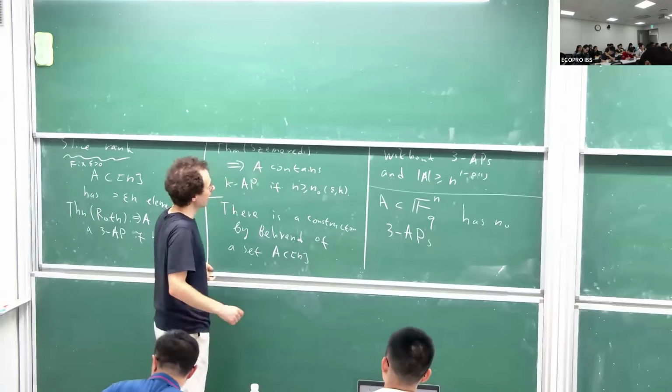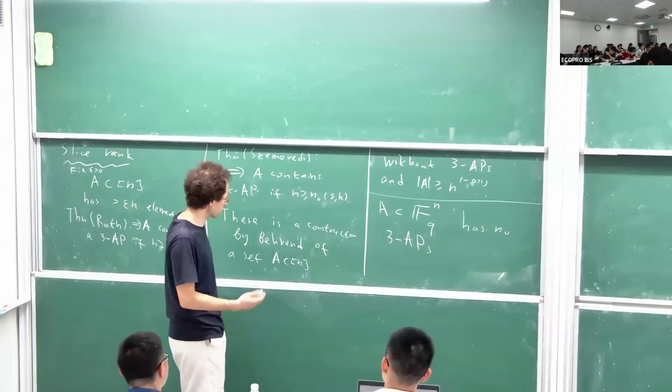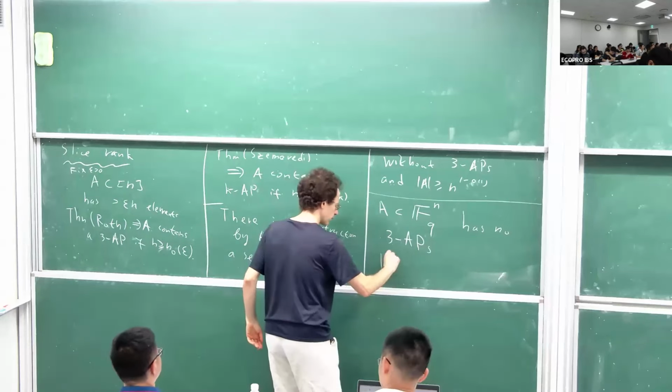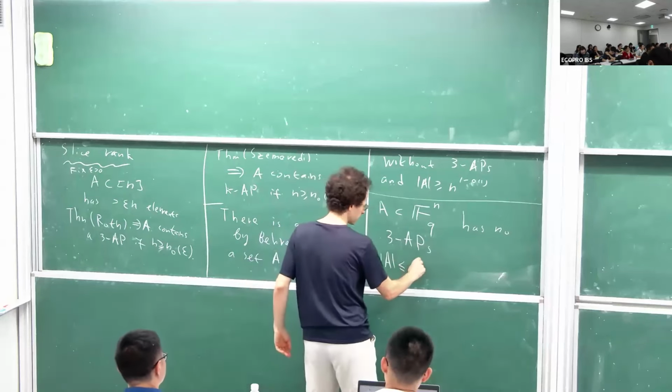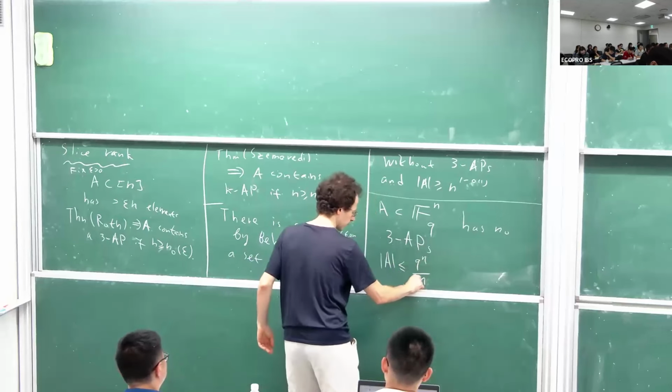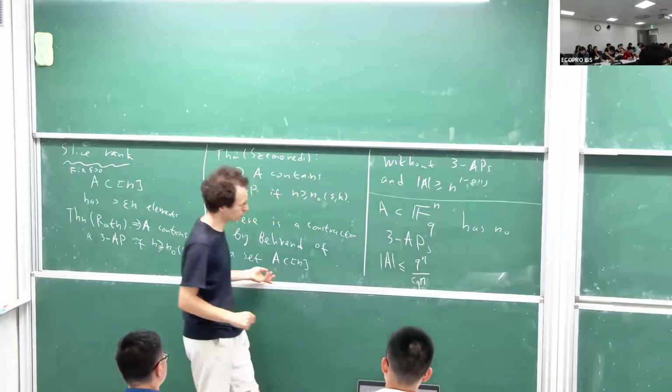Okay. The bounds we were getting from the Fourier analysis arguments were of the kind q to the n divided by some constant terms. That's the type of bounds they were getting.